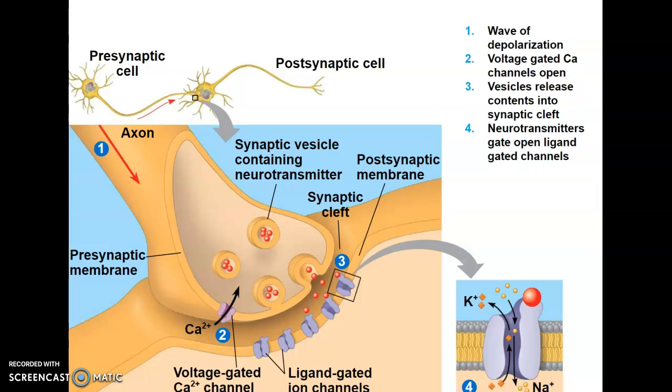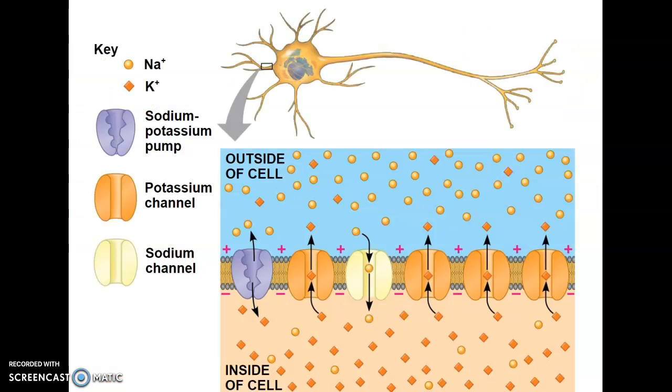Because, like we talked about with the action potential, the outside of the cell has much more sodium than the inside of the cell, if the ion channel that opened was a sodium channel, then sodium would go from the outside of the cell to the inside of the cell. And that would cause the membrane potential to go toward the equilibrium potential for sodium, which is about positive 60. So that would cause a depolarization.